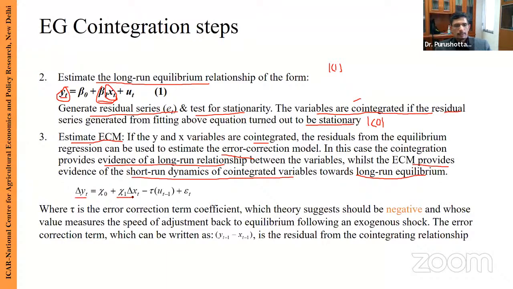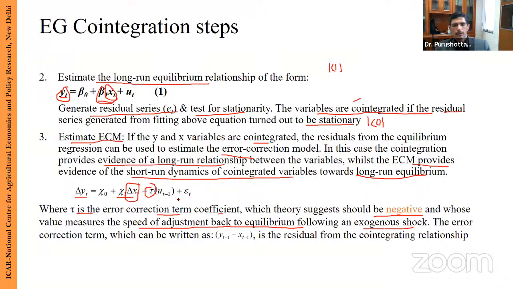Say this is the error term, and this error correction term coefficient, as per theory, should be negative, whose value measures the speed of adjustment back to the equilibrium position following any exogenous shock.